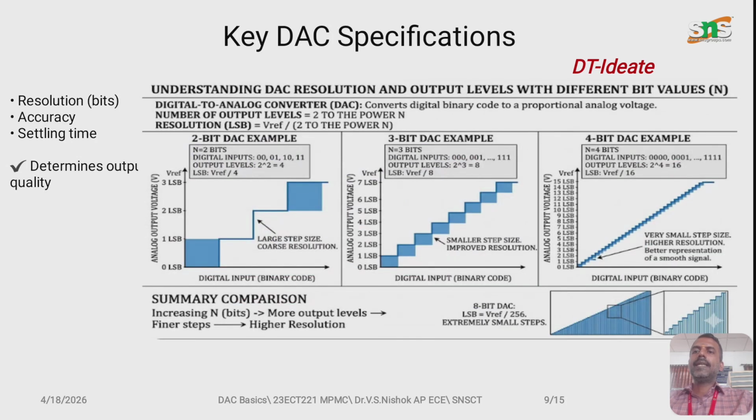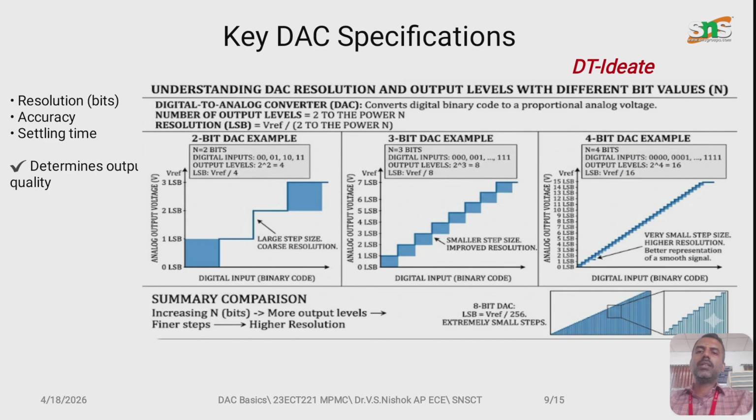So coming to the key DAC specifications, they represent the performance of the D2A converter. It is represented with the help of 3 main features. Resolution represents the number of bits. If there are more bits in the resolution, it represents higher, that is good quality value. If fewer bits, it represents lower quality value.